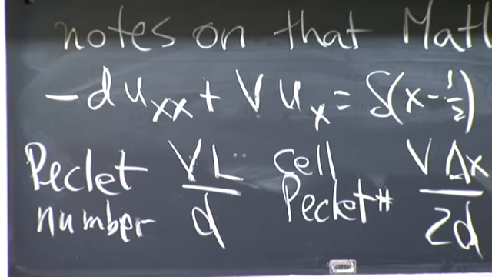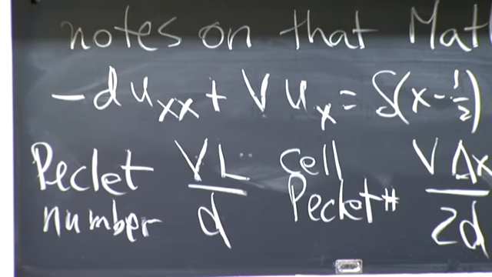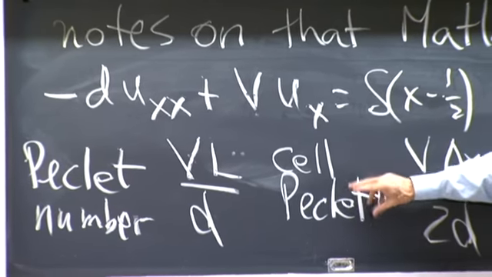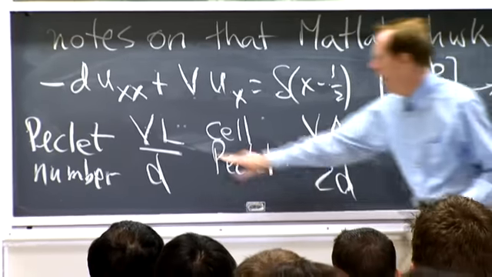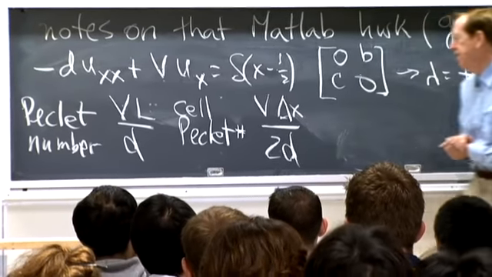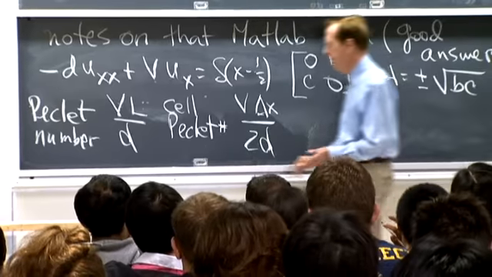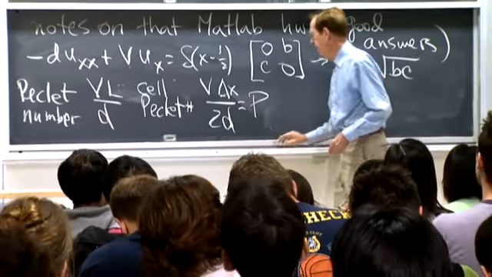And then for this problem people also use a number called the cell Peclet number, where the length is taken to be half the cell size, delta x over 2. Let me call that number p. And what's my point?